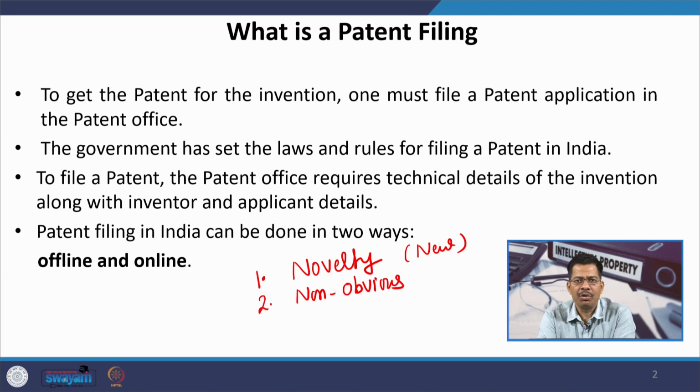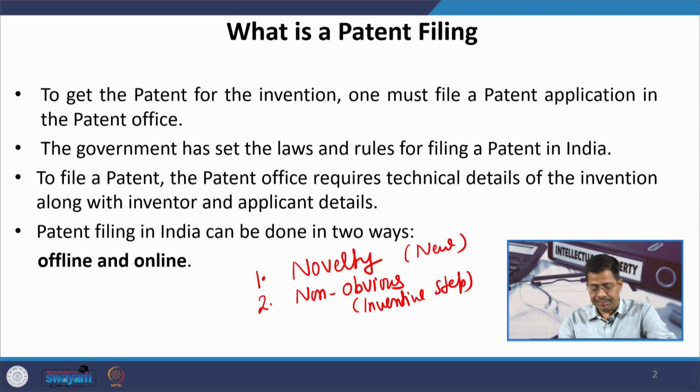something which is not going to happen on its own. I have done something inventive in that case. So, many of us know non-obvious as there has to be some inventive step in this. Without an inventive step, you are not eligible to get a patent.